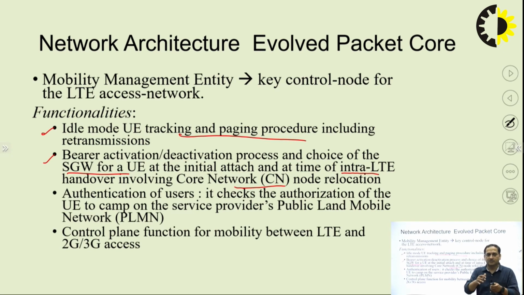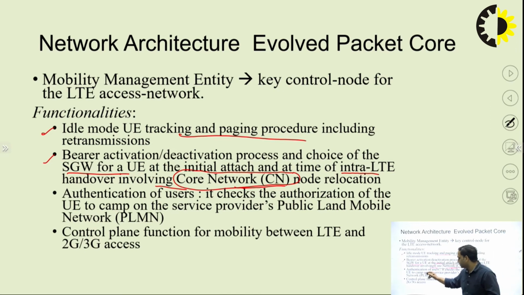If we have a handover from one LTE network to another LTE network, that is inter-LTE, but these things will be taken care of by the core network. As we said previously, in 2G and 3G networks the MSCs take care of handover from one cell to another. In the LTE system, the core network takes care of call forwarding, call receiving, and call termination. Everything is taken care of by the core network. That is why it is the heart of the LTE system, as I said before.